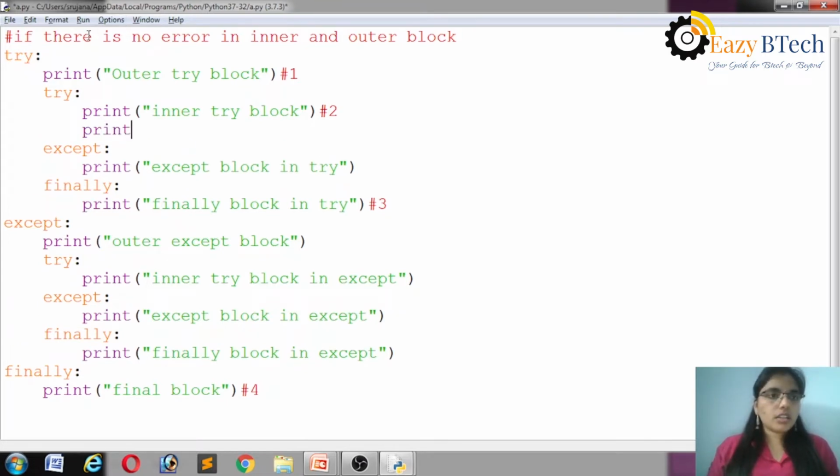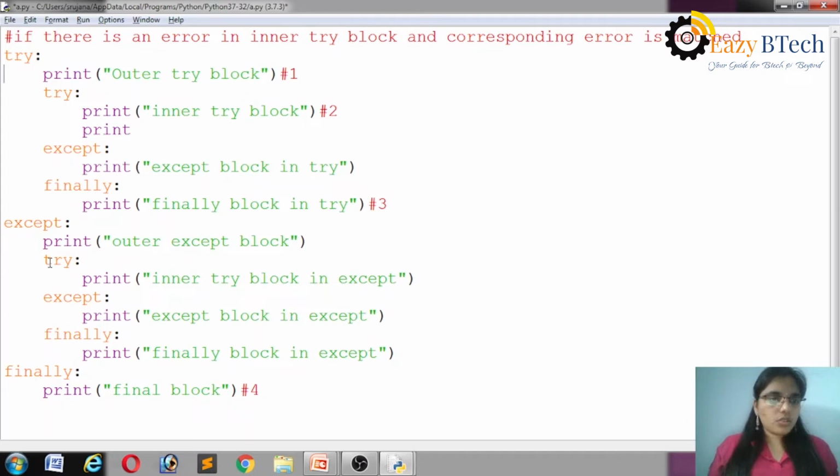If there is an error in the inner try block, and the corresponding error is matched.